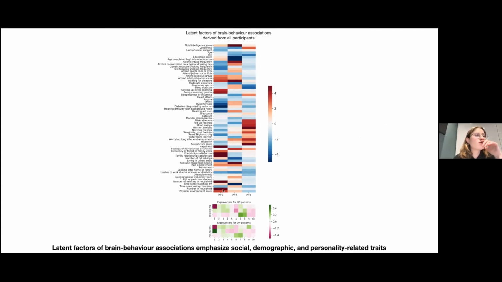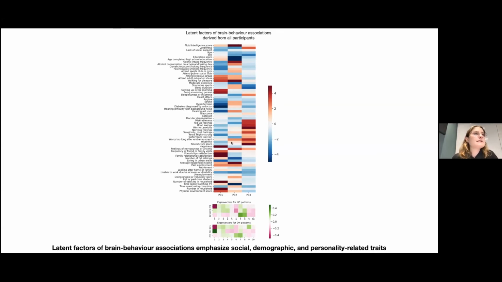On the first axis, we see that social phenotypes that were identified in the clustering analysis are highly expressed. This is why we have these really strong weights for happiness, friendship satisfaction, and family relationship satisfaction. We have other social phenotypes as well that are expressed, such as attending religious group, attending adult education classes, and the number of people in the household you live in.